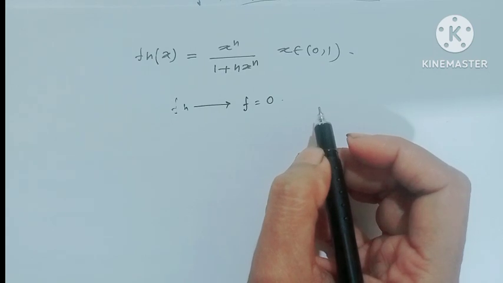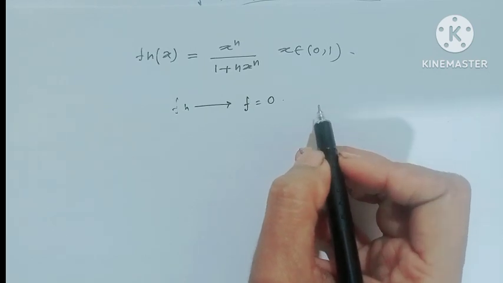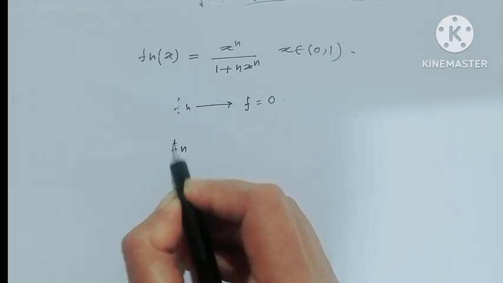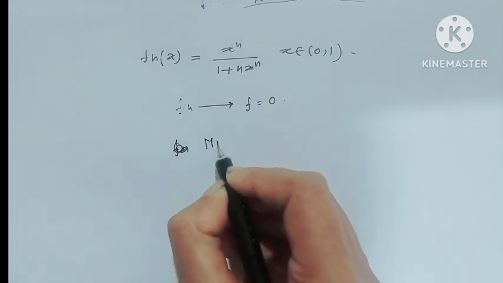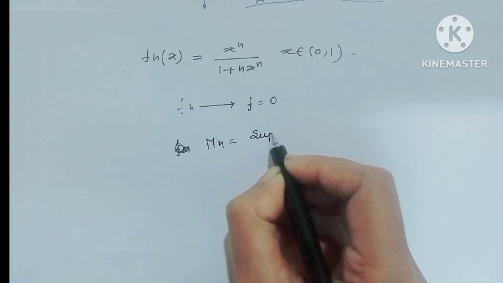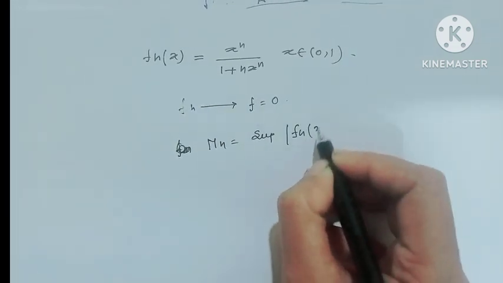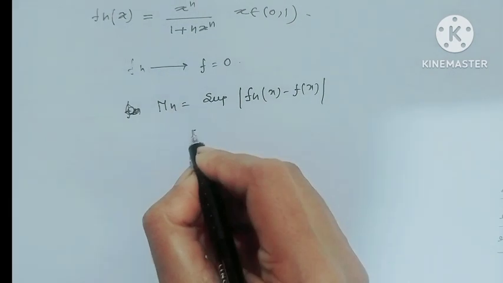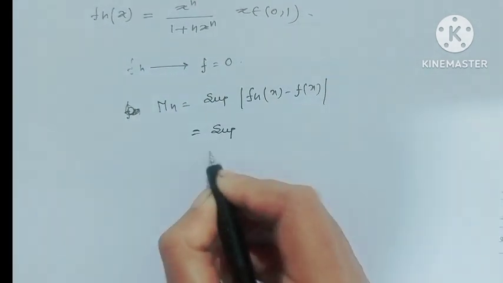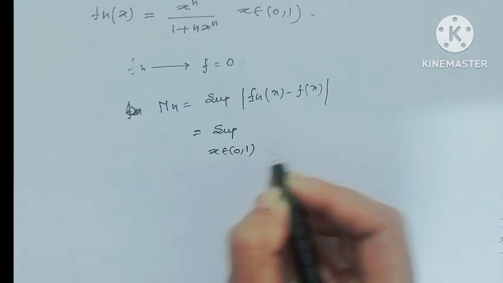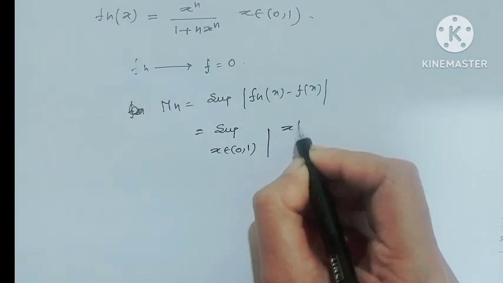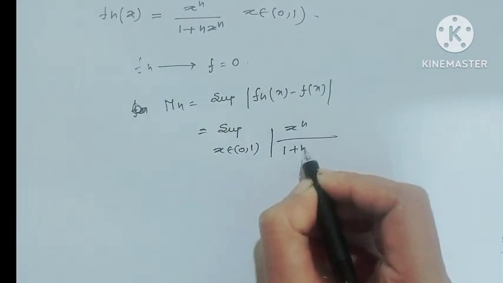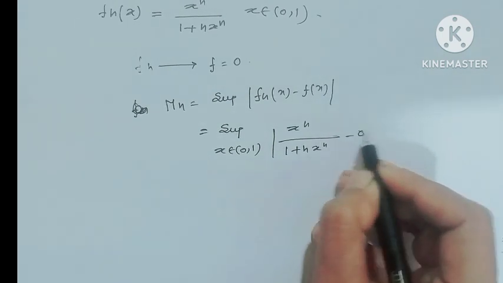Now we have to prove whether this convergence is uniform. For this, here also I will use the Mn test. Mn equals the supremum of fn(x) minus f(x), where x belongs to the open interval (0, 1), and fn(x) means x to the power n over 1 plus n x to the power n.